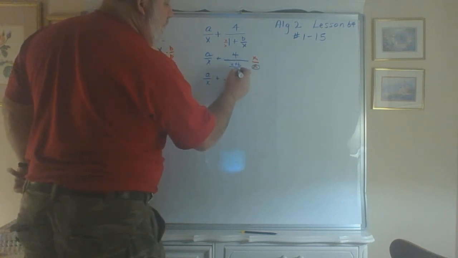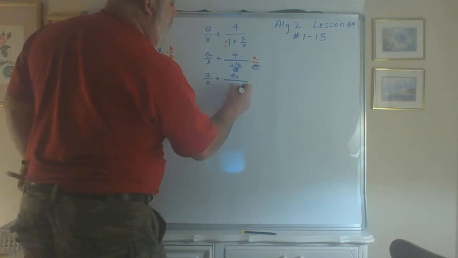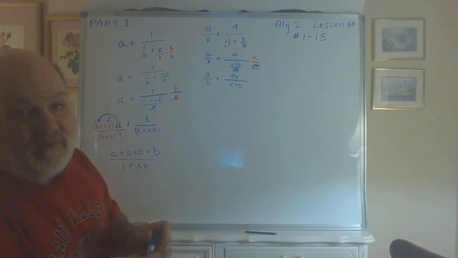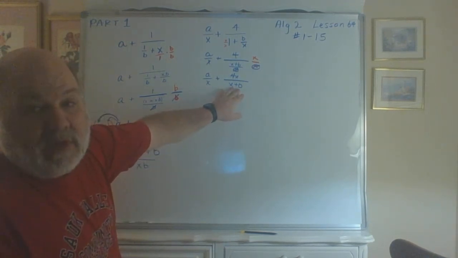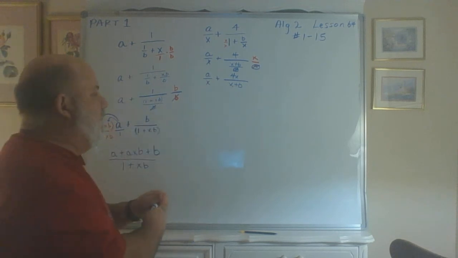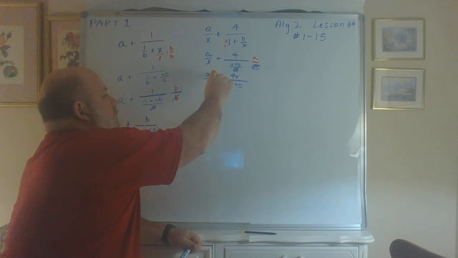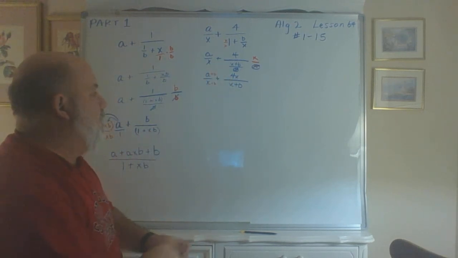This x and that x cancel, and I've just got x plus b. A over x plus 4x over x plus b. All I have to do is add b to both denominators, right? But I can't do that. I can't just go plus b plus b. It'd be nice if you could and make it real easy, but that's not acceptable.